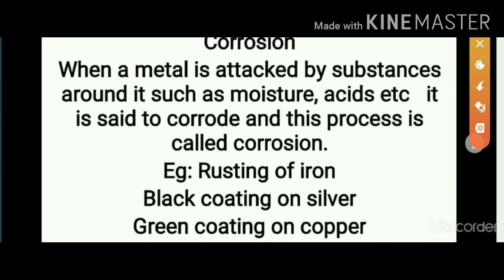Then corrosion. When a metal is attacked by substances around it, such as moisture, acids, etc., then it is said to corrode.